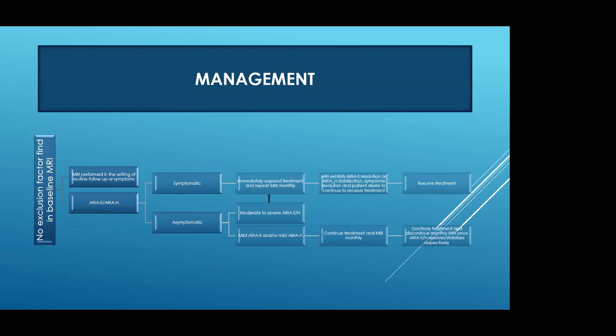The recommendations at this point, for those with moderate to severe ARIA, will be to immediately stop the treatment and repeat an MRI monthly. Now, some of those are going to be considered for restarting the treatment again. Some of those definitely won't, but something just to bear in mind.